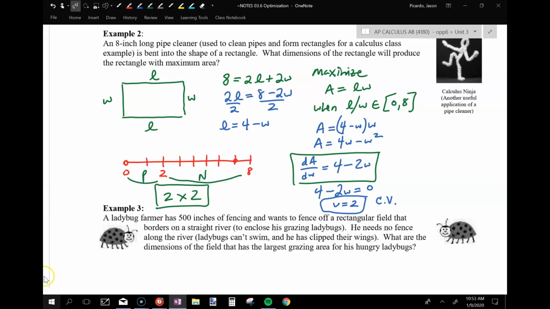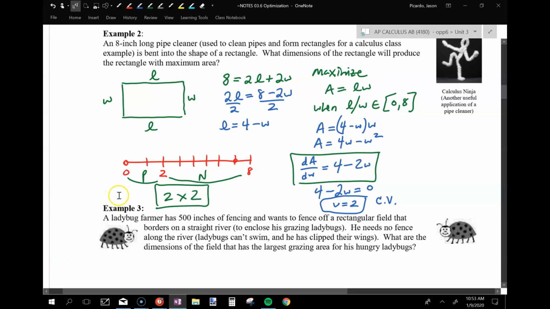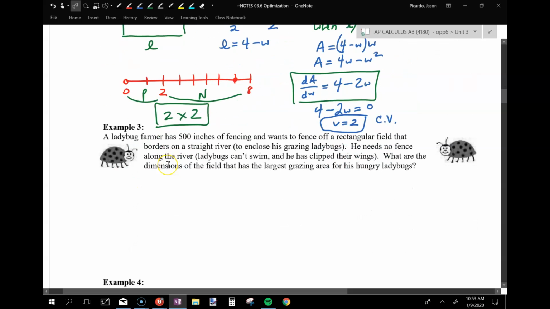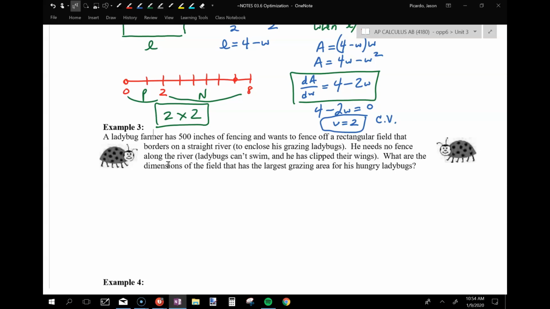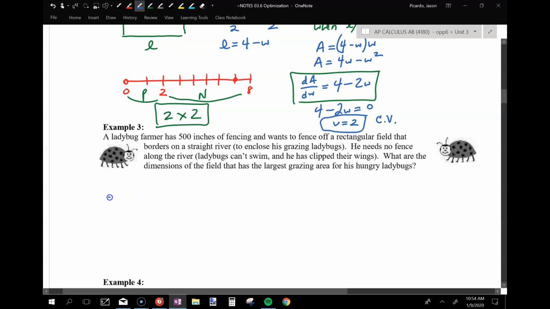So what kind of a question can I give you that isn't as obvious? Well, here we have a ladybug farmer. The ladybug farmer has 500 inches of fencing and wants to fence off a rectangular field that borders up to a straight river. So I've got a river, and it's perfectly straight.